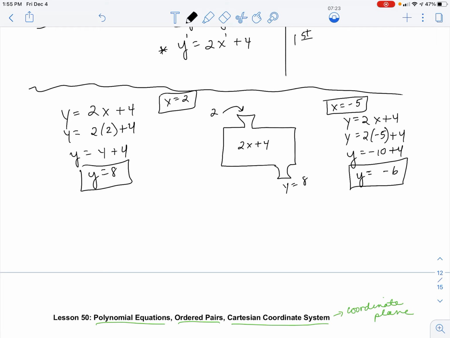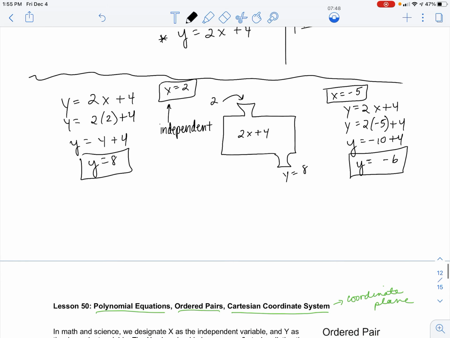Okay? Now I want to express a couple things about this. When you see an x assigned with a value, x is known as your, this is very important, your independent variable. The reason it's independent is because I can put anything in for x that I want. x doesn't rely on what y is going to be. However, y relies upon what x is going to be.